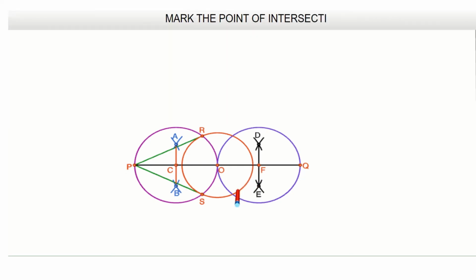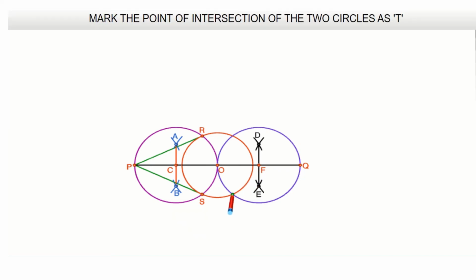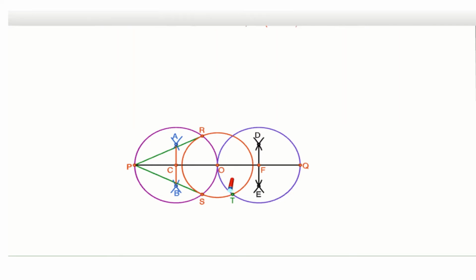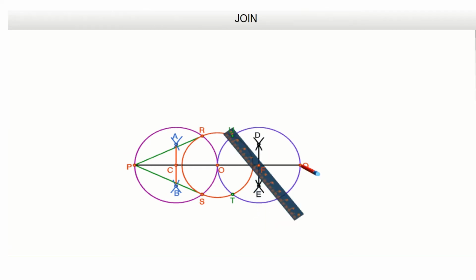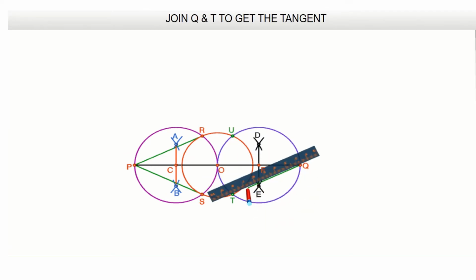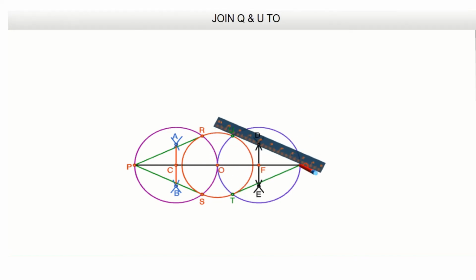After that, this blue color circle and red color circle intersecting points, I am going to mark it as T and U. Now I am going to join those two tangents, QT and QU.